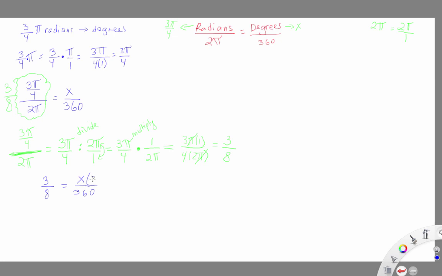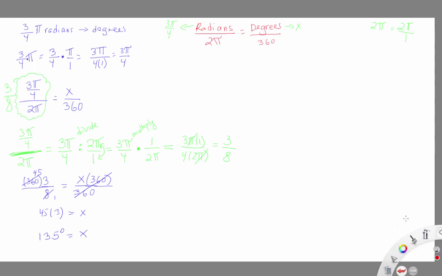So I'm going to multiply by 360 on both sides. 360 here cancels out. And when I divide 360 by 8, I get 45. So I get 45 times 3. Everything else canceled out. So x becomes equal to 135 degrees.